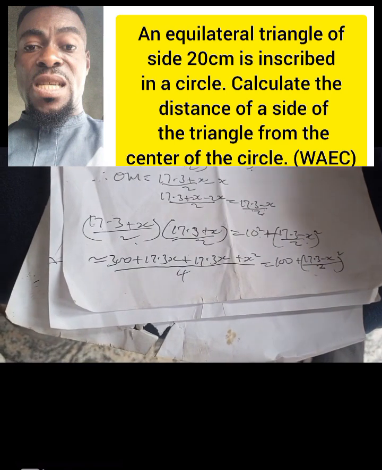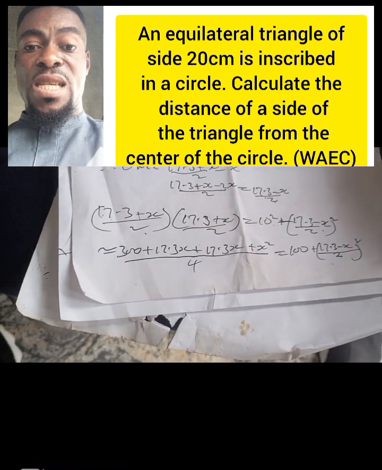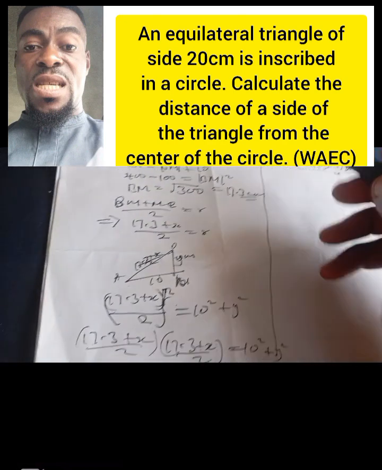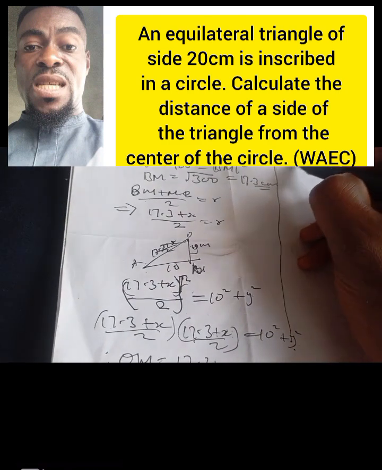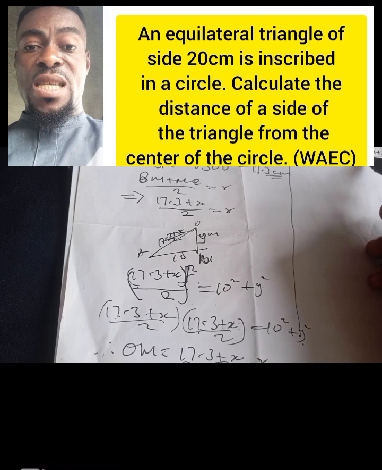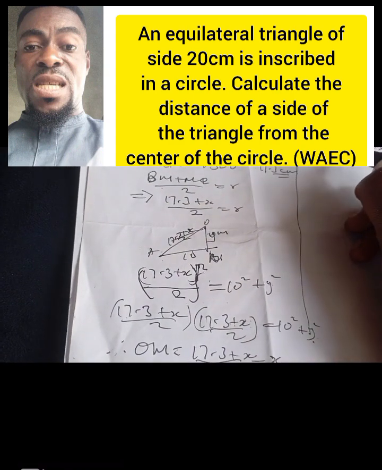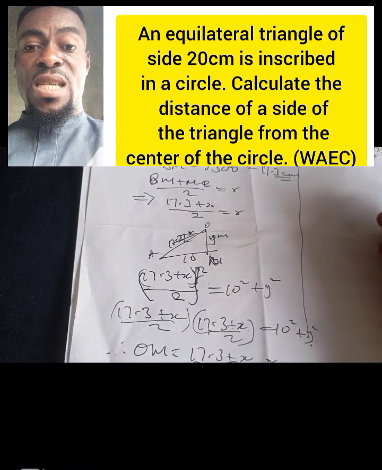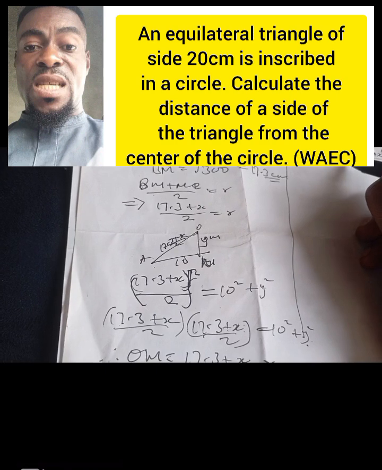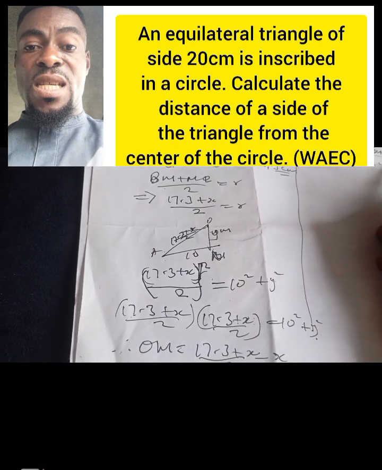So here is our right hand side. We have this 100. Expanding this expression gives us this, and simplifying it will give us this also. So in proceeding, we have 100. If we simplify this, 4 times 100 will give us 400, then plus 300, minus 34.6x, then plus x squared.